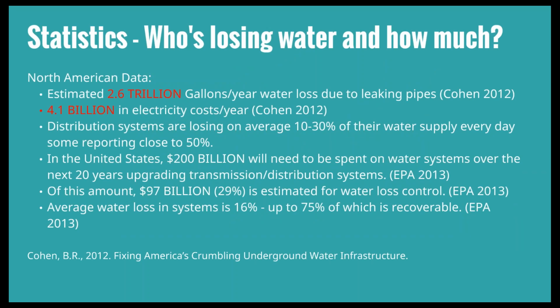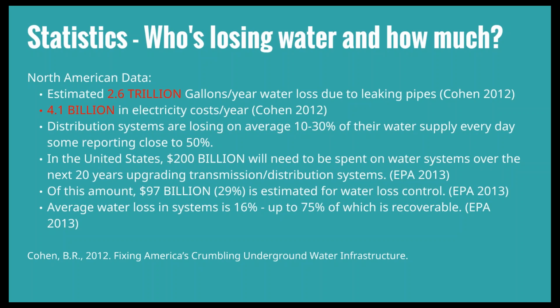So Mike talked about a lot of this, but identifying non-revenue water. A lot of stats here that Mike talked about a little bit, but there's a lot of studies that have been done in the last 10 years talking about the amount of water loss due to leaking pipes.